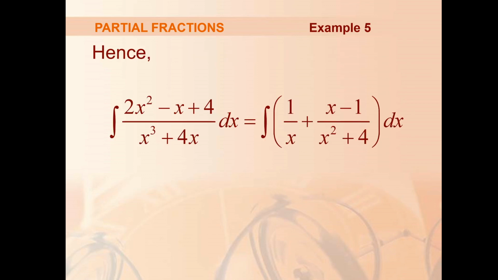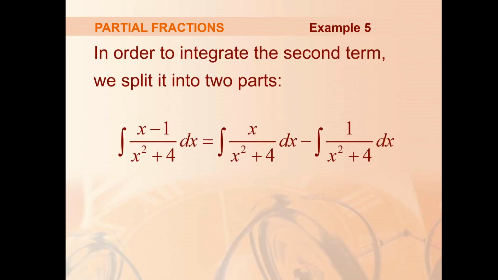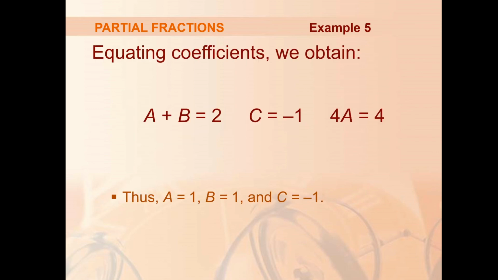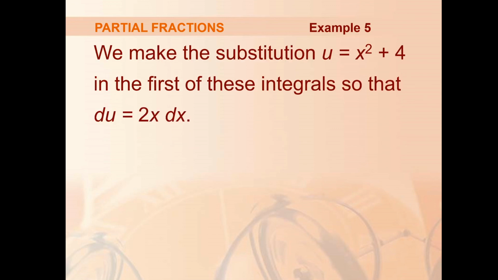Okay, so plugging that back to the original setup for the decomposing of the rational expression, we got 1 over x for the first integrand, x minus 1 over x squared plus 4 for the second integrand, and then integrating it. And also we can use the u substitution for the first half of the integrand, and for the second half, it's just the inverse of tangent.